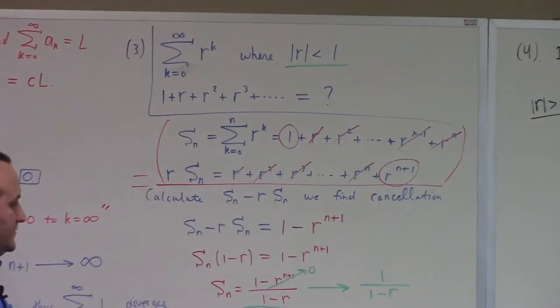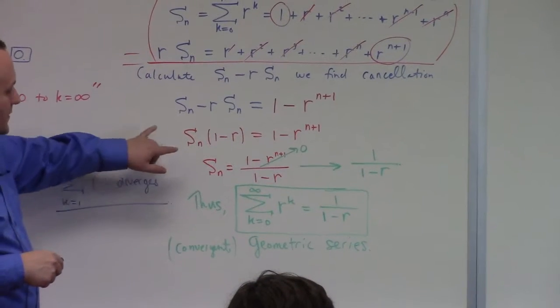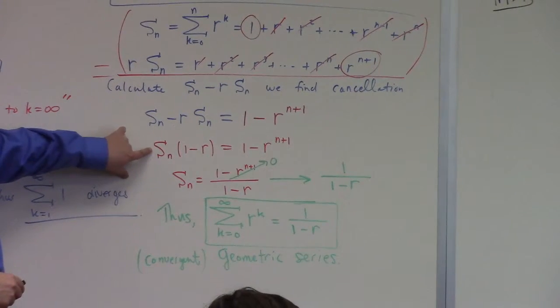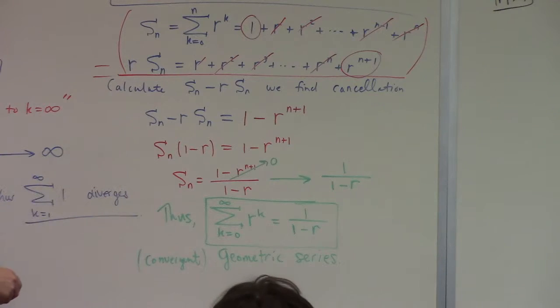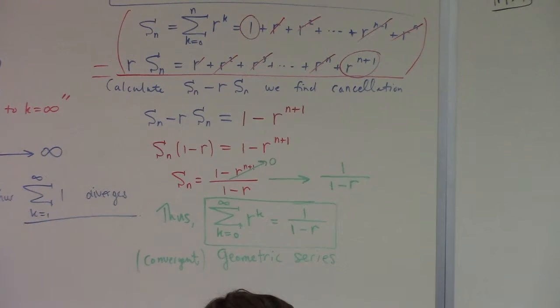Then you do algebra, factor out the Sn, so we have Sn times 1 minus r, right? And then we can actually just solve for the nth partial sum.